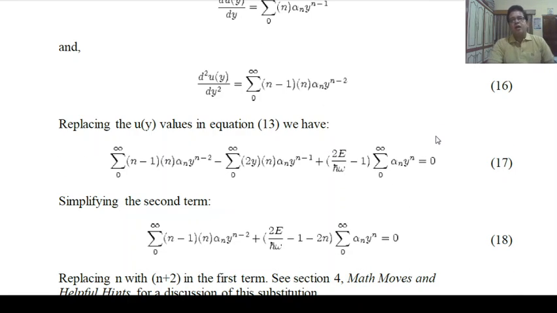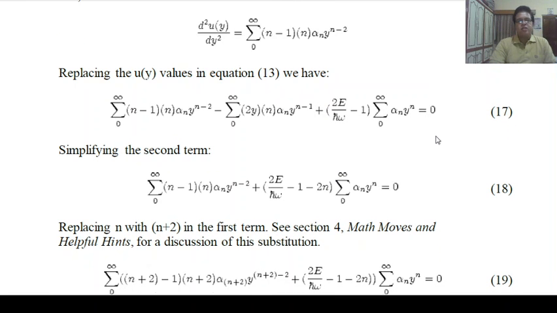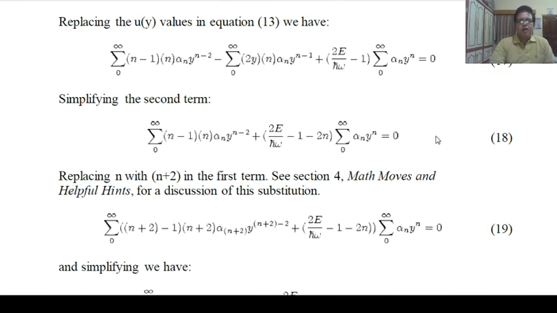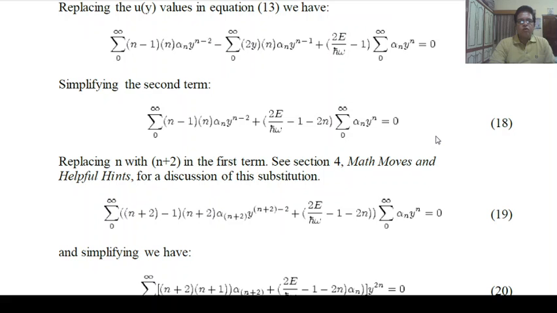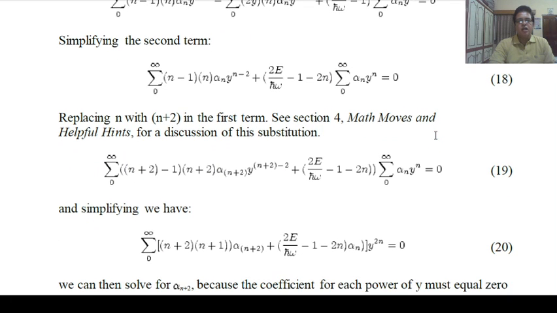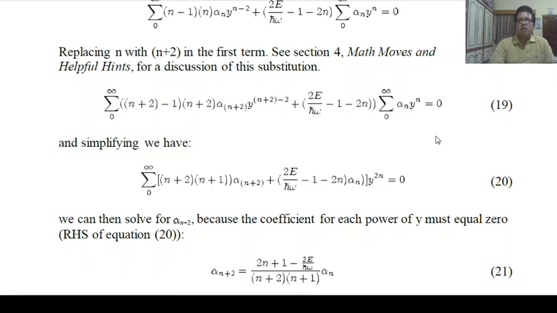Replacing u of y in 13, we have this equation. Simplifying the second term, and replacing n with n plus 2 in the first term. For this substitution and simplifying, we have these steps of maths you can easily do.